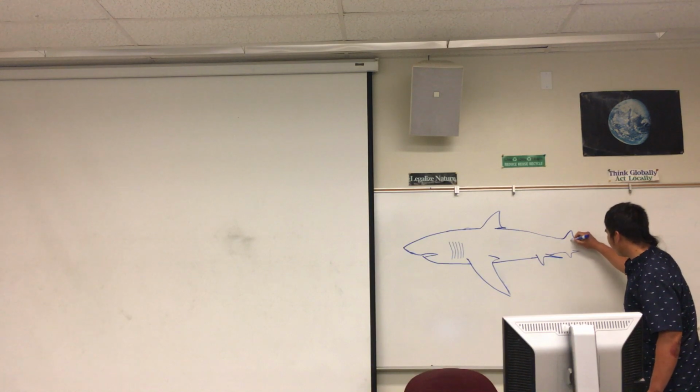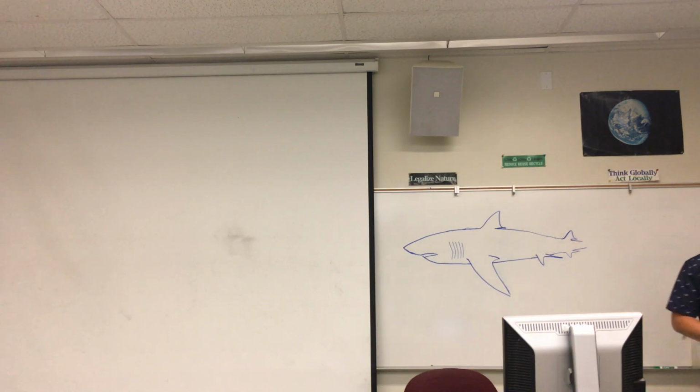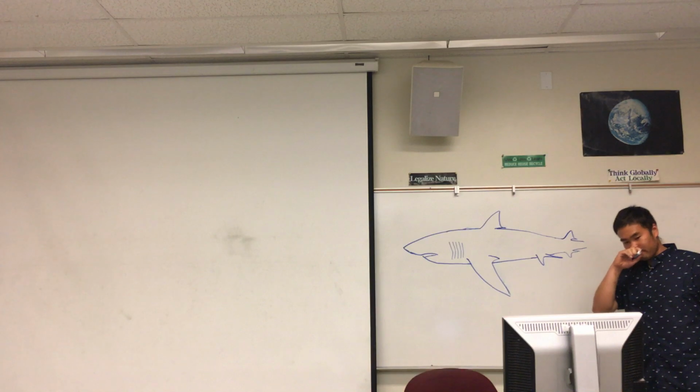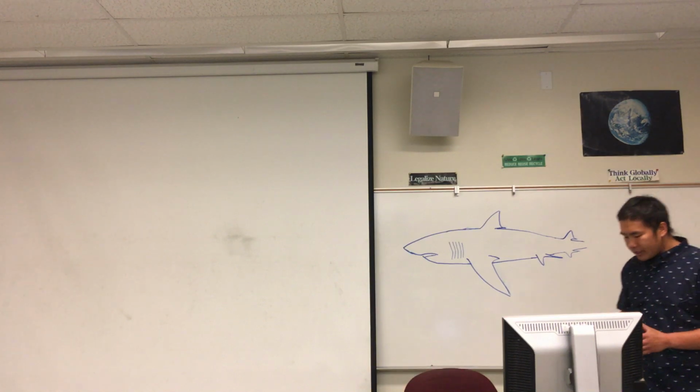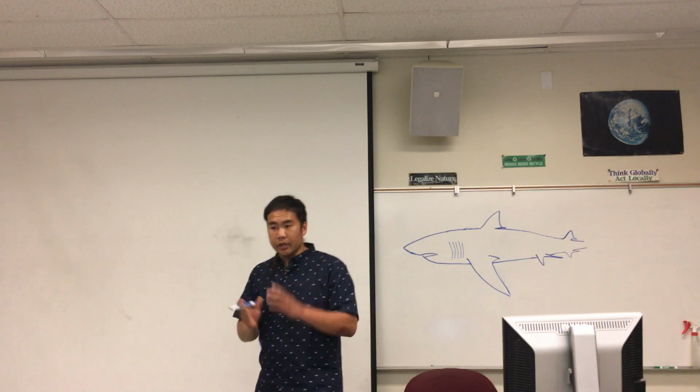All right, we're almost done here. Okay, so it should be tapered now, and we're about to draw the tail, the caudal fin, right? Okay, so the way you draw a tail is, well, if you're drawing a normal shark, most normal sharks have a longer upper lobe than a lower lobe, right?